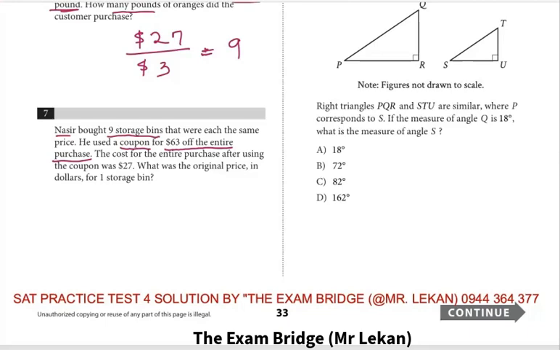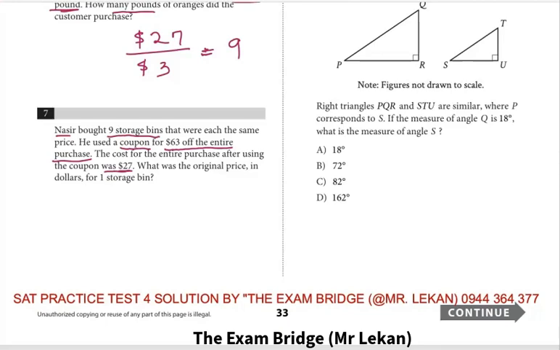That is, instead of spending more than that, he was able to save. Now, the cost for the entire purchase after using the coupon was $27. After using the coupon, the price was $27. He was able to save $63.